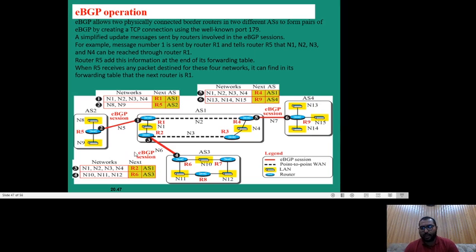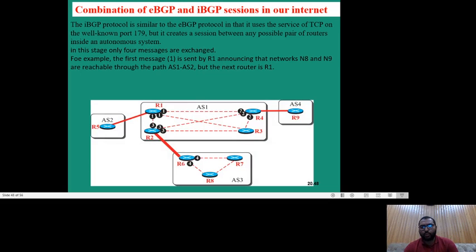That's how, by running eBGP sessions, you will have this routing table for establishing communication or routing between different autonomous systems. Once you install eBGP, if I ask which routers need both, the answer is only the border routers. You clearly see the border routers here: border router 1, 2, 3, 4, 5, and 6.